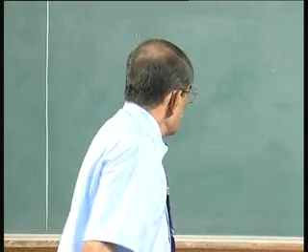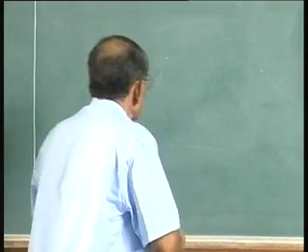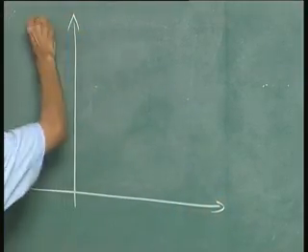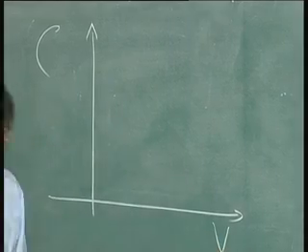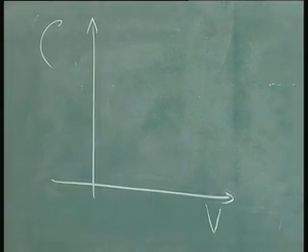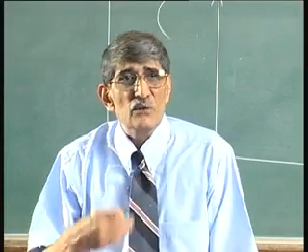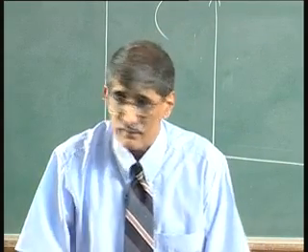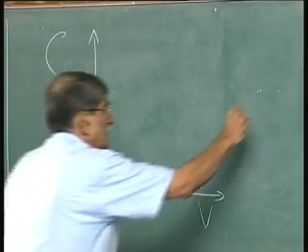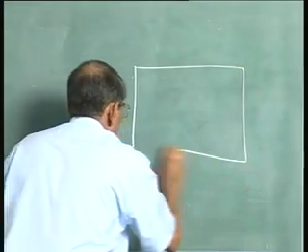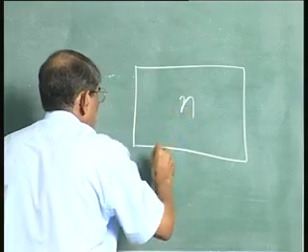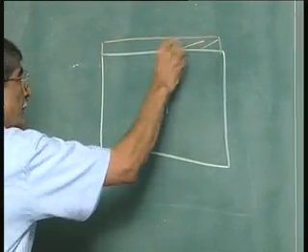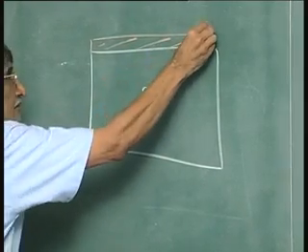Now, what we are trying to tell is the capacitance versus voltage. That is one of the most important diagnostic tools for evaluating the oxide. Make a metal oxide semiconductor, you do not have to make a transistor. So, take the N type region and have an oxide here and then put a metal.